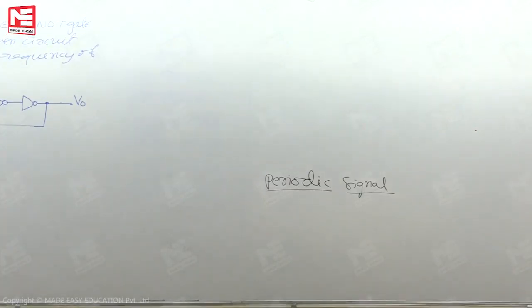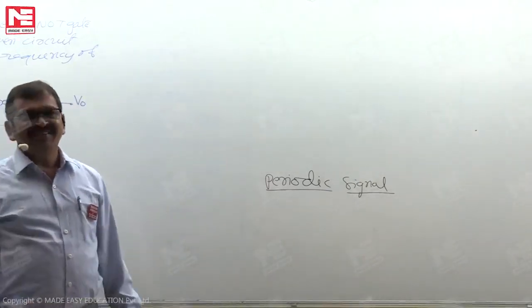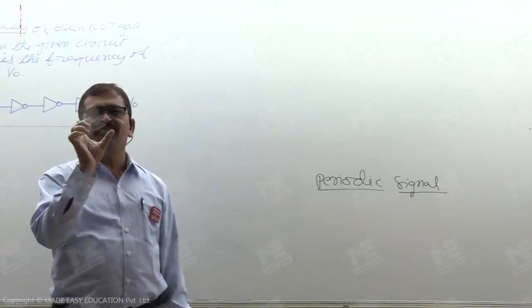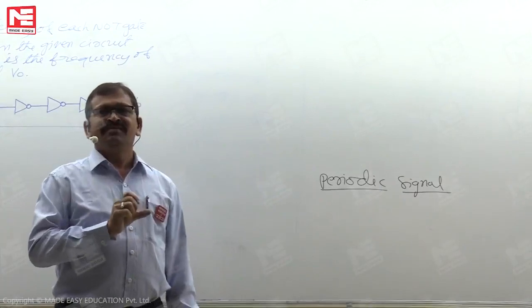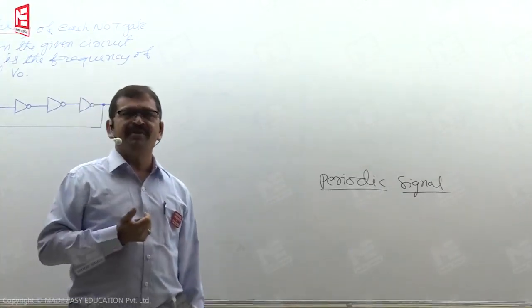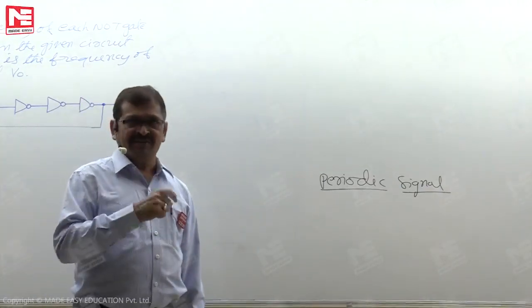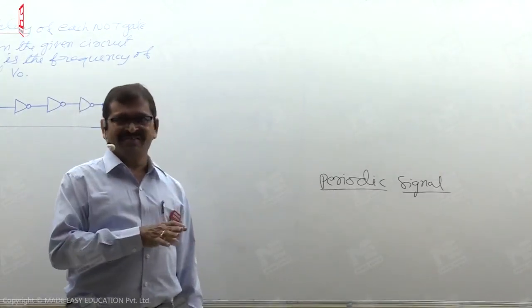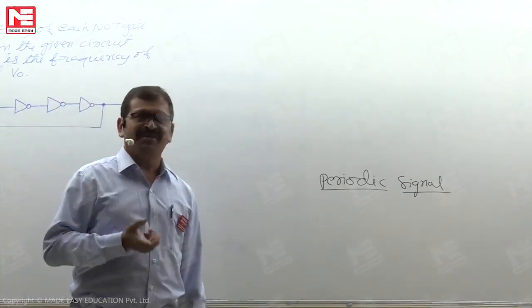So the waveform generated by this circuit must be a periodic signal. For a periodic signal, the waveform repeats at a fixed time interval. The time interval with which the same wave shape repeats is the time period of the waveform. If the generated signal is not periodic, there is no question of talking about its frequency. Here the generated signal is periodic, and knowing the time period, one upon the time period gives the frequency.